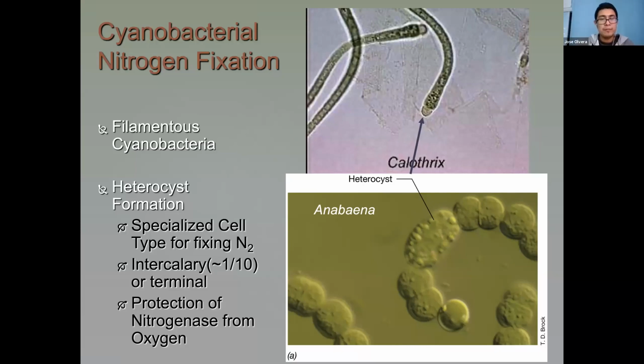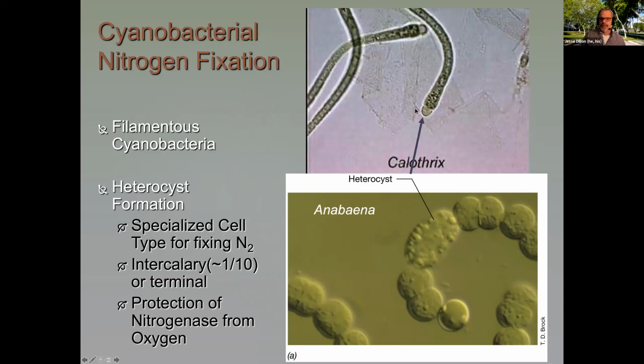They're very associated with oxygen, and nitrogenase, the enzyme, can't really function in oxygen. Exactly. In fact, it's destroyed by oxygen. So some cyanobacteria have evolved specialized cells to get around this problem.